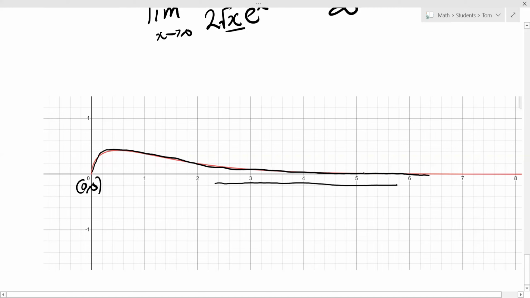So it's still a horizontal asymptote, though not in the way most people would see it, because we expect that it never touches 0 at any point. Here it starts from 0, and then it wants to go back to 0, but never actually goes back.